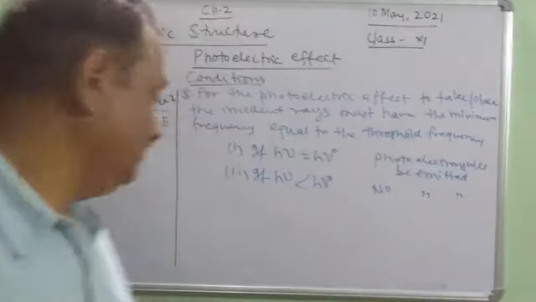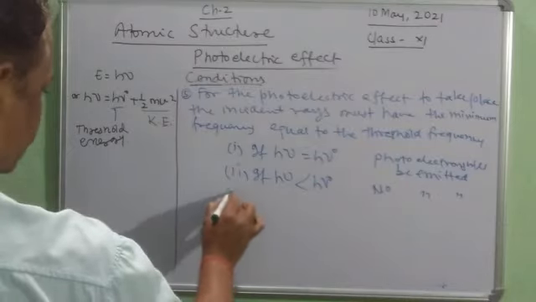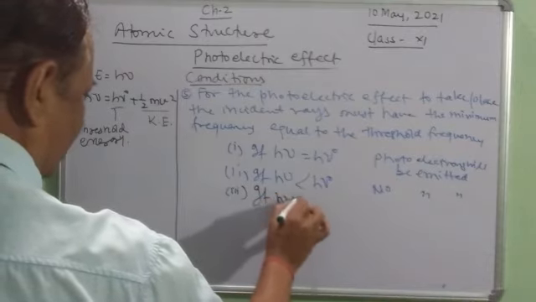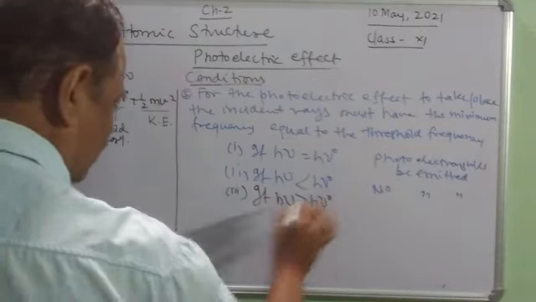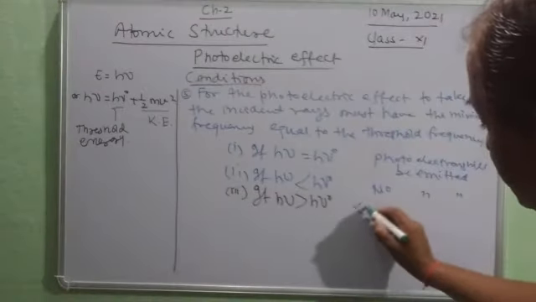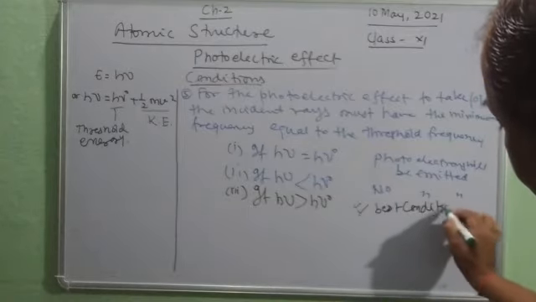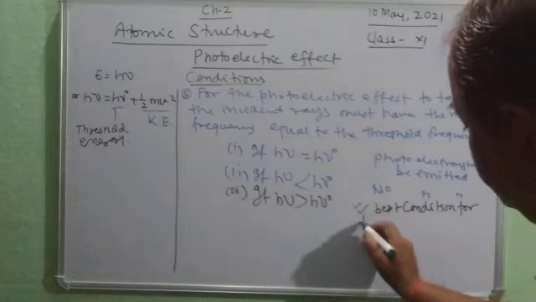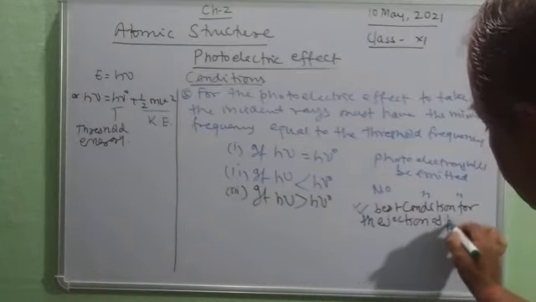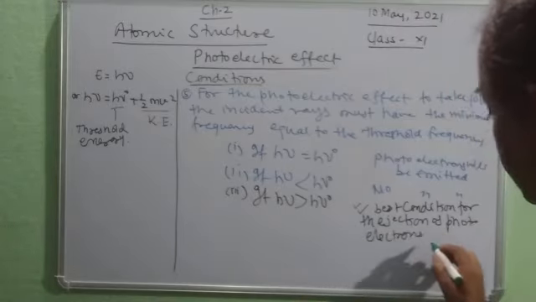Now children, the third condition is that if h nu is more than h nu naught, so here this is the best condition for the ejection of photoelectrons.